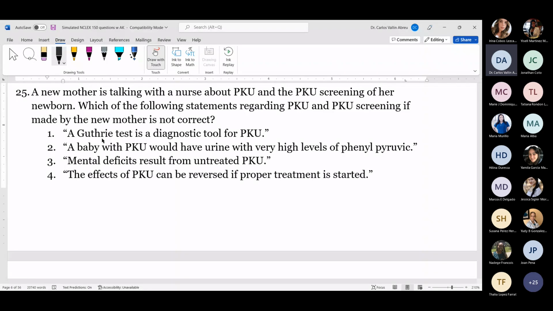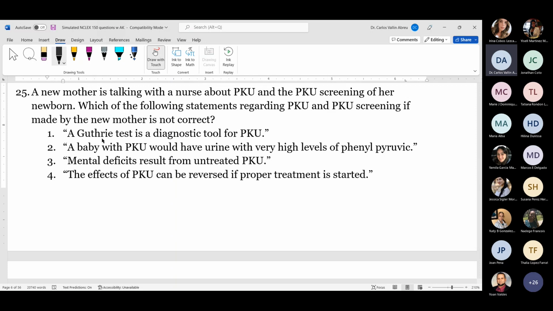Okay, it's not a common question, but it's a question that you can have. Another question that I have seen is that they can test your deep knowledge of the diseases that are screened systematically as a routine in a newborn.